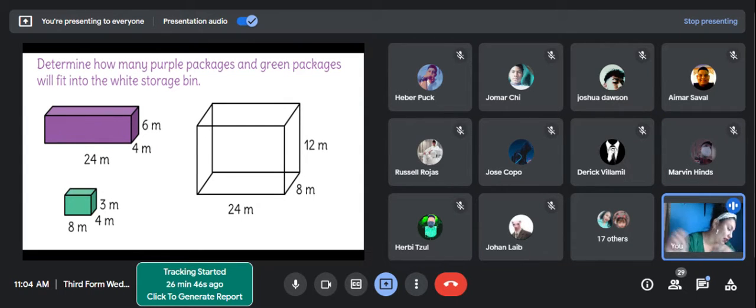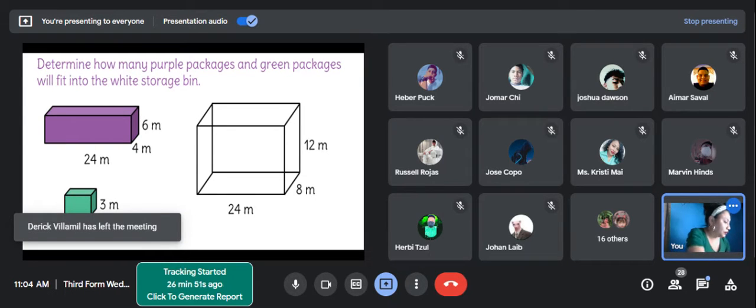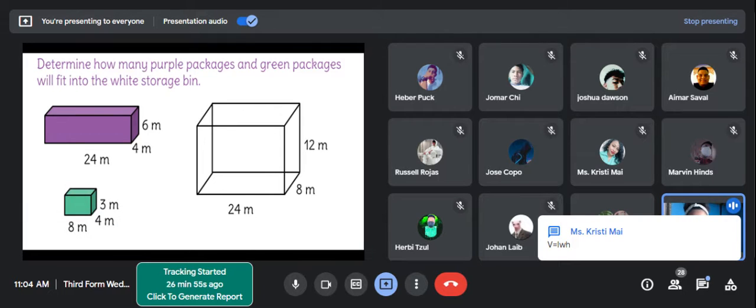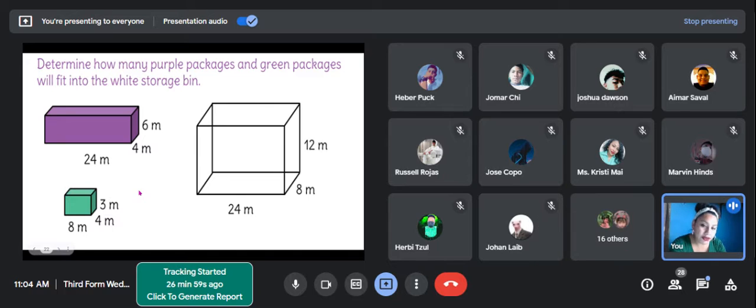So you have your calculators, and I want you guys to find the volume of these three boxes. The formula for volume is equal to length times width times height. You have the length, the width, and the height. I want you to find in your calculator the volume for these three of them. So all you have to do is multiply those numbers.